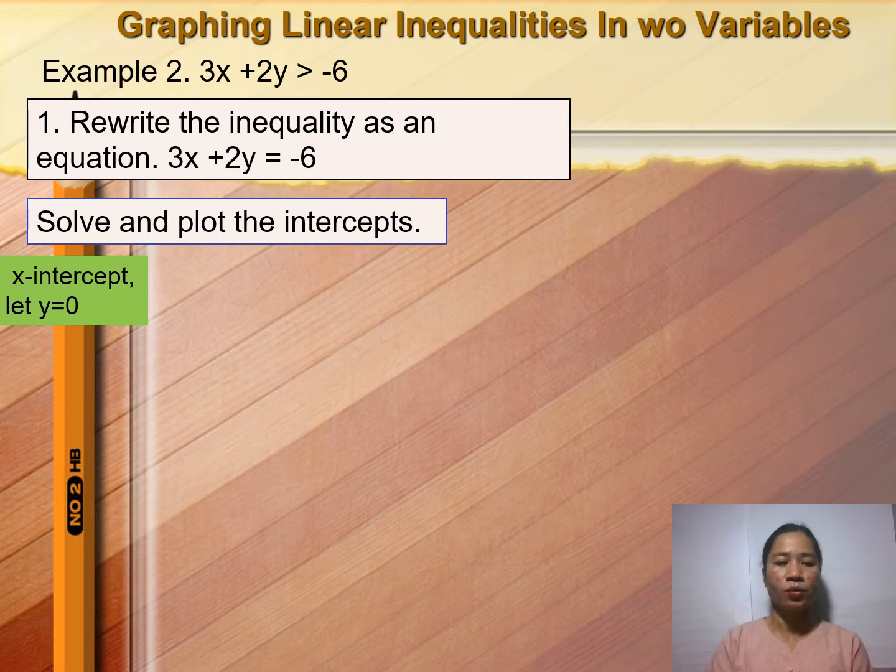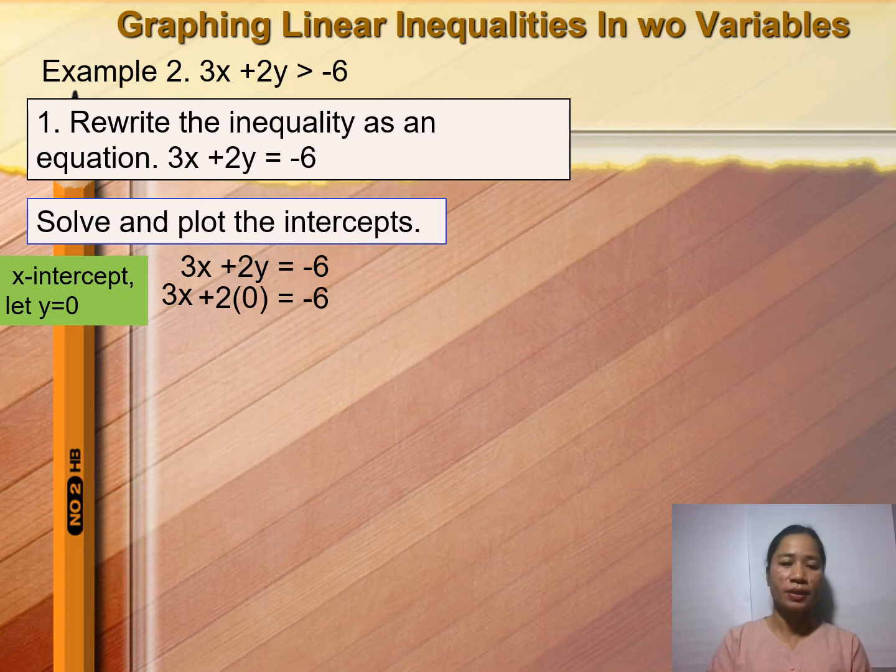X-intercept, let y be equal to 0. Okay? So, to get the x-intercept, let y be equal to 0. 3x plus 2y is equal to negative 6 becomes 3x plus 2 times 0 is equal to negative 6, so we replace the value of y by 0.